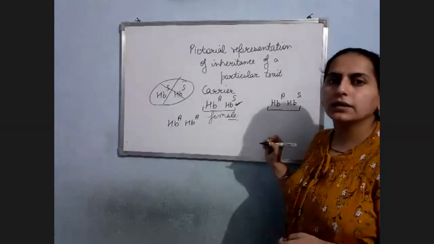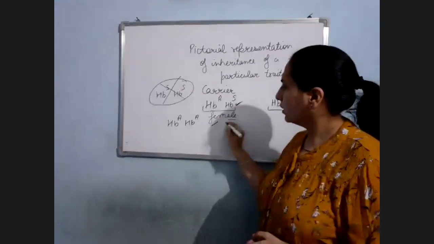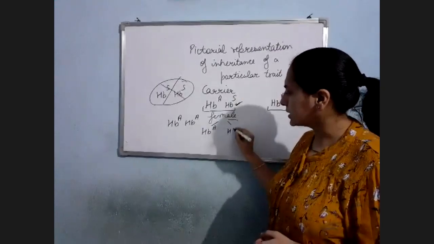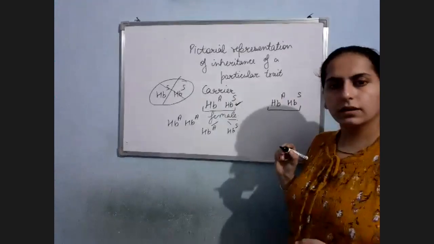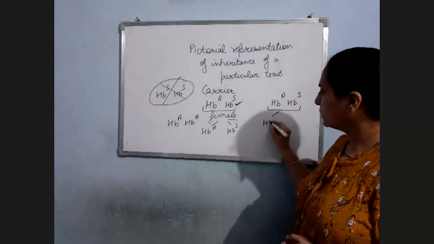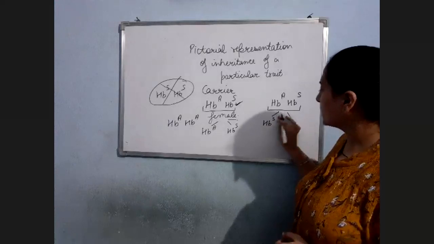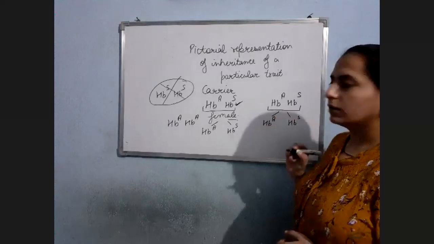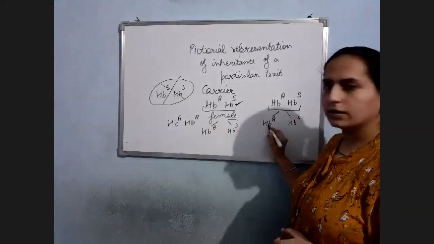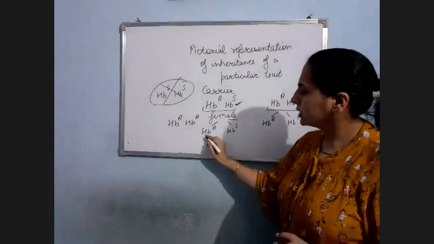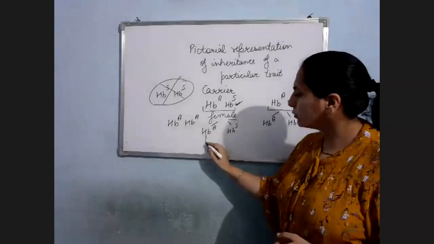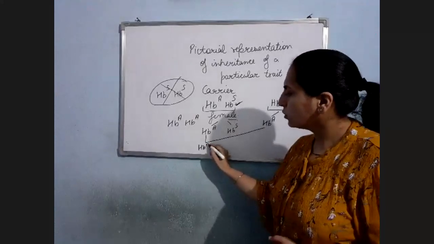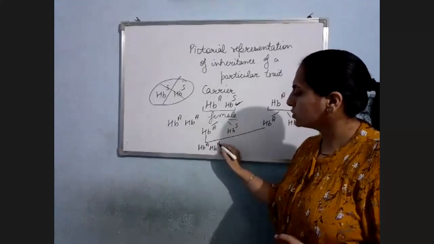So now what will happen in the offspring, just see. Gametes HBA, HBS. Clear? Here, HBA and HBS. Now what will happen? HBA can fuse with HBA. This sperm containing HBA can fuse with this one containing HBA. So here the baby produced would be normal.